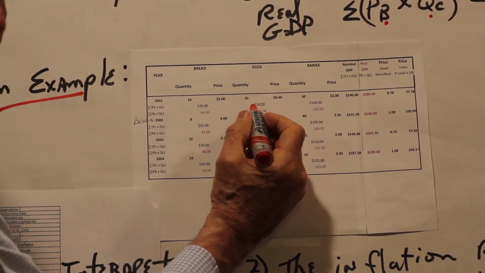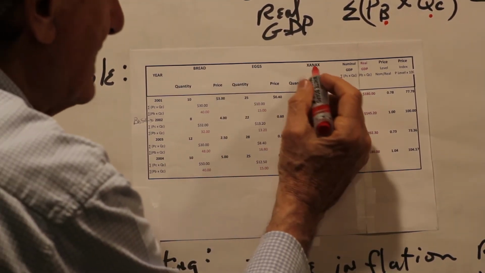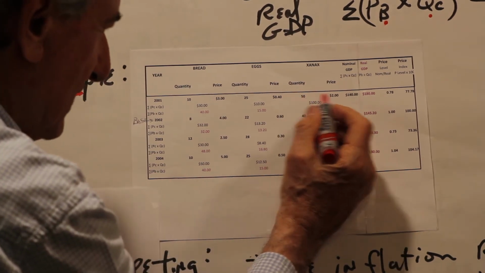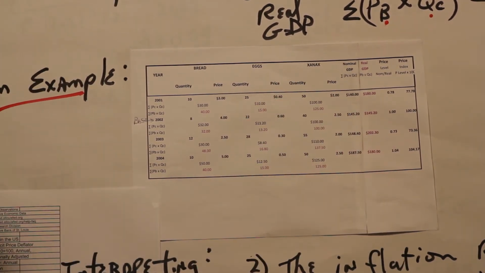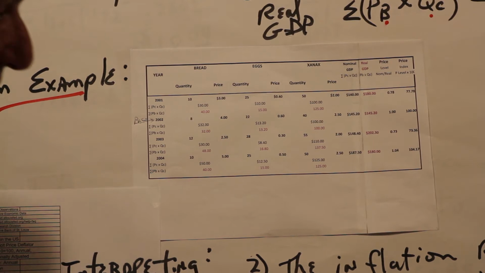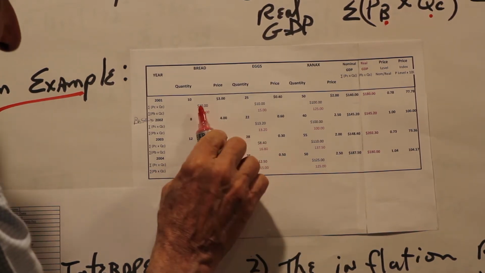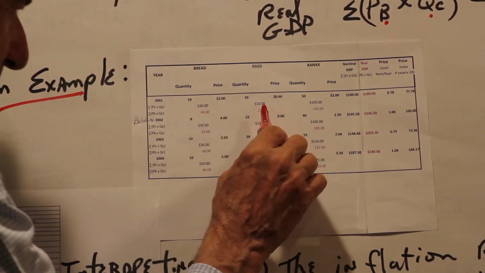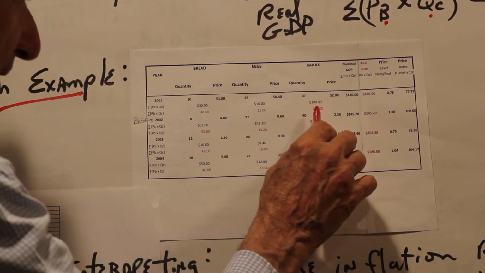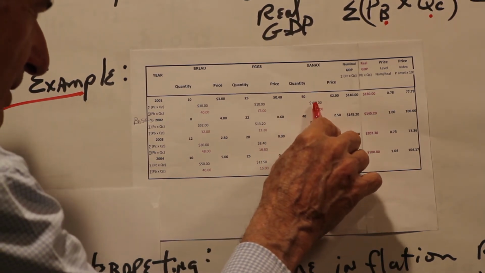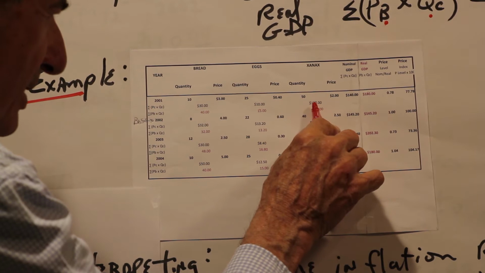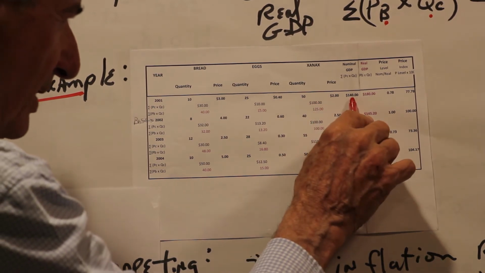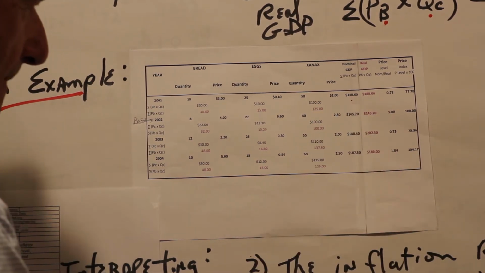That's the nominal value of the eggs produced this year. And Xanax, 50 units, $2 apiece, there's $100 worth of Xanax produced. We add these three values: $30 for the bread, $10 for the eggs, and $100 for the Xanax. And so our nominal GDP in year one is $140.